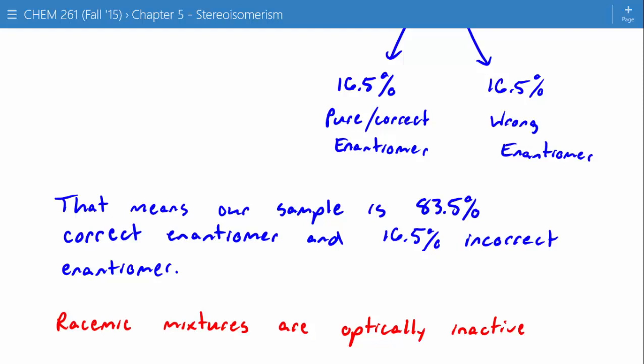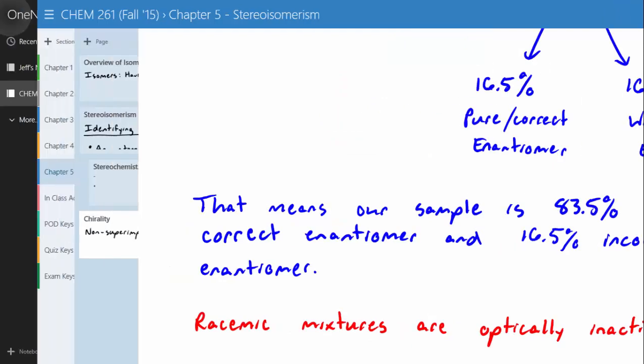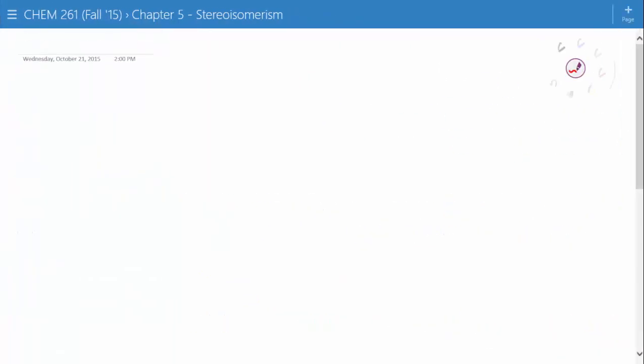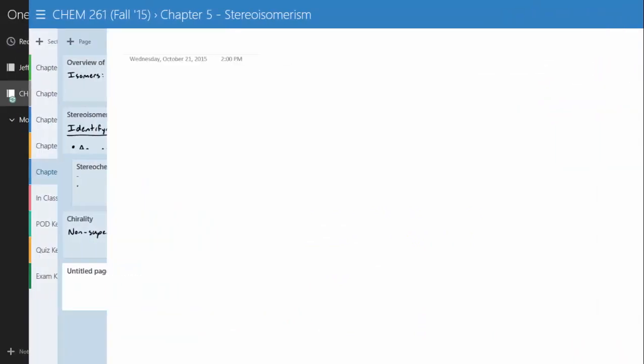We're going to now take a look at some other terminology. So we've discussed enantiomers, but let's make a little flowchart for this.